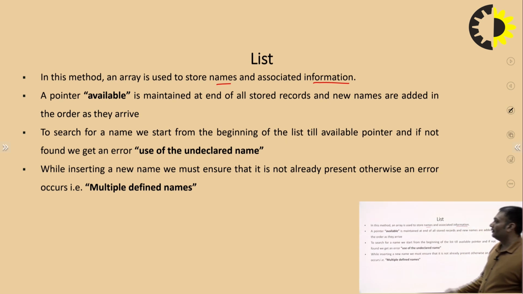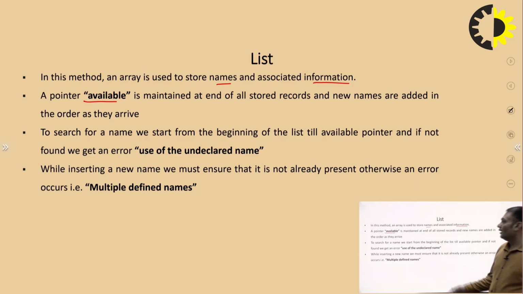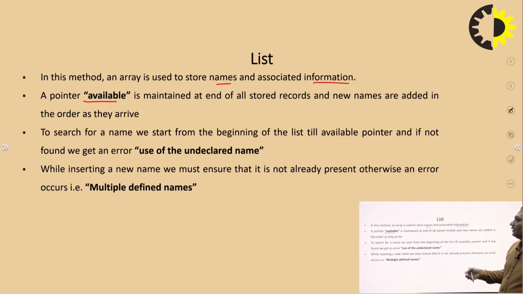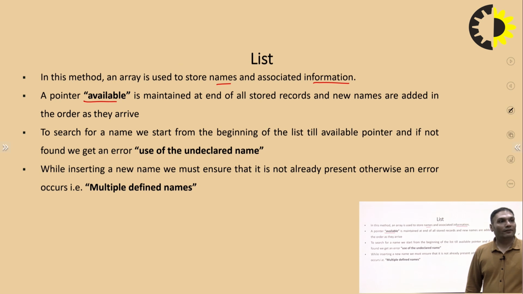A pointer named available is maintained at the end of all the stored records and names, which are added in the order that they arrive. So every name and its associated information, as it comes inside the symbol table, is maintained through the pointer called available.